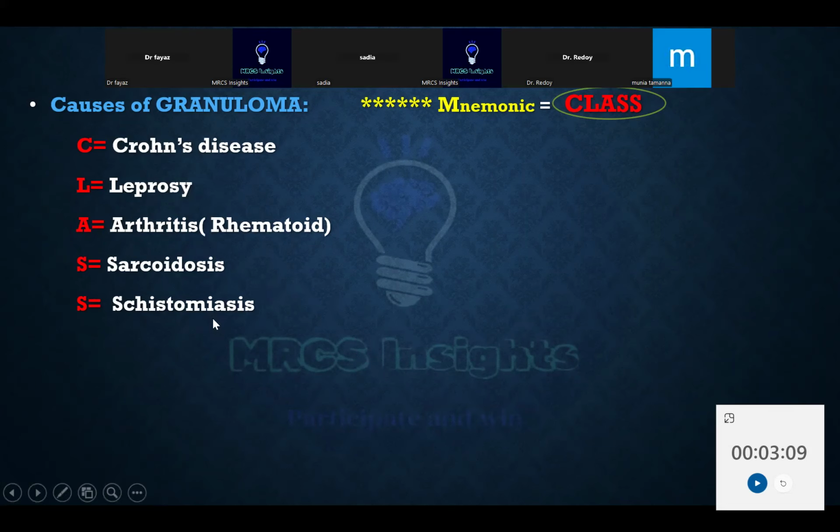So I came up with a mnemonic for this. What are the causes of granuloma? You can remember it simply by CLASS. C means Crohn's disease, L leprosy, A arthritis, which is rheumatoid arthritis, S for sarcoidosis, and S for schistosomiasis. That's all.